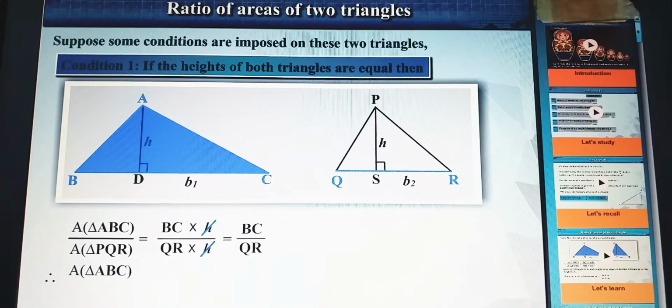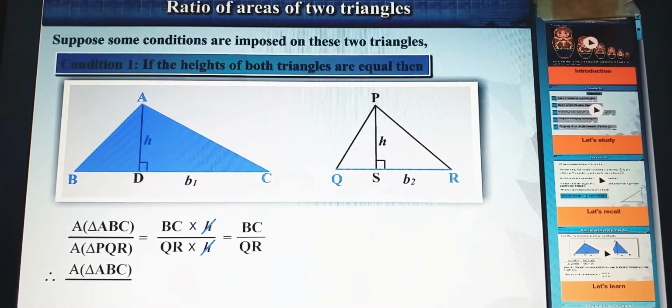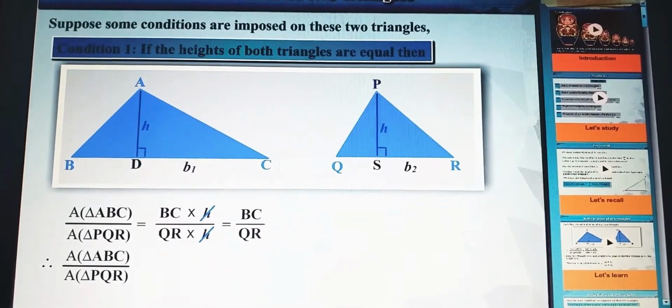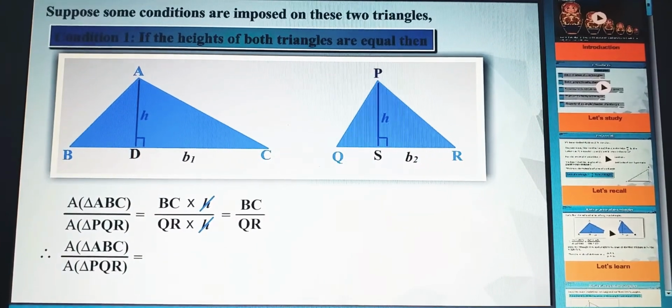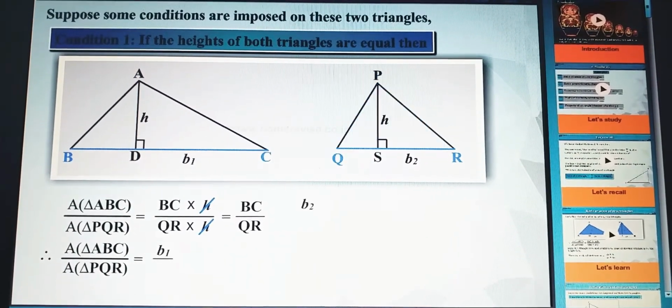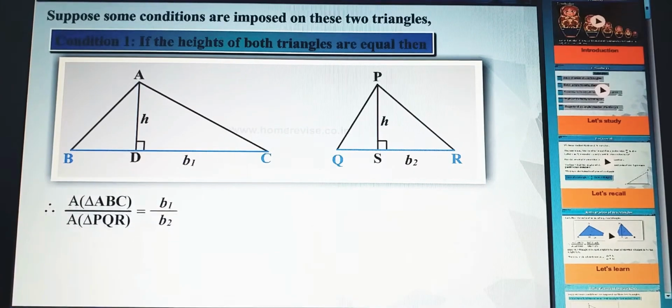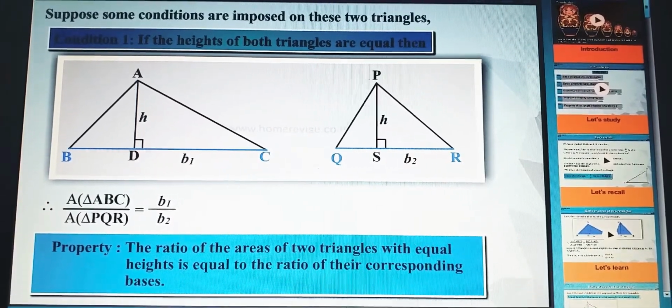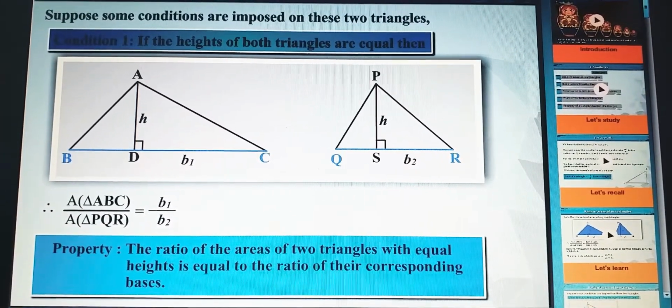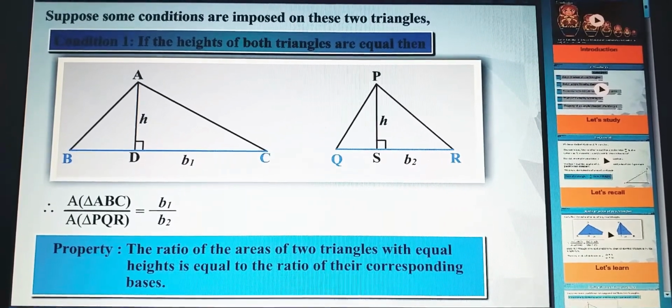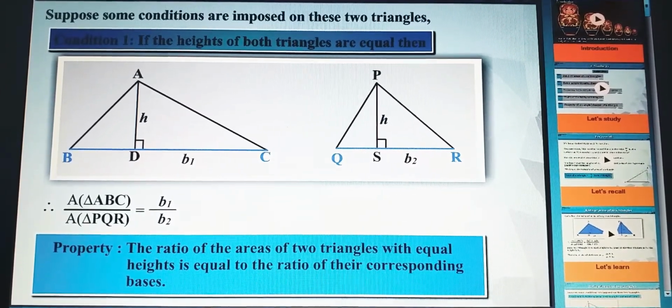Therefore, area of triangle ABC upon area of triangle PQR is equal to B1 upon B2. Property. The ratio of the areas of two triangles with equal heights is equal to the ratio of their corresponding bases.